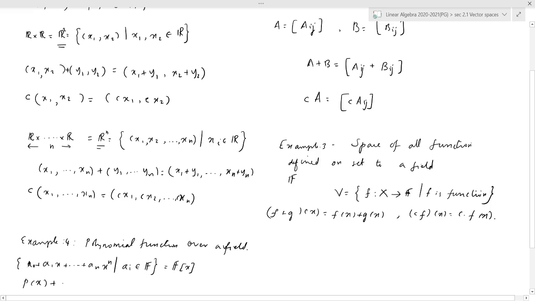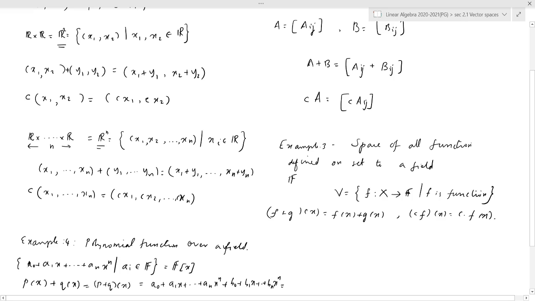That is p(x) plus q(x), the sum of two polynomials p plus q. If p and q are polynomials, then you can add them as (p plus q)(x) equal to p(x) plus q(x). In general, we can write p(x) equal to a naught plus a1 x plus etc. plus an x raised to n, and q(x) as b naught plus b1 x plus etc. plus bn x raised to n.